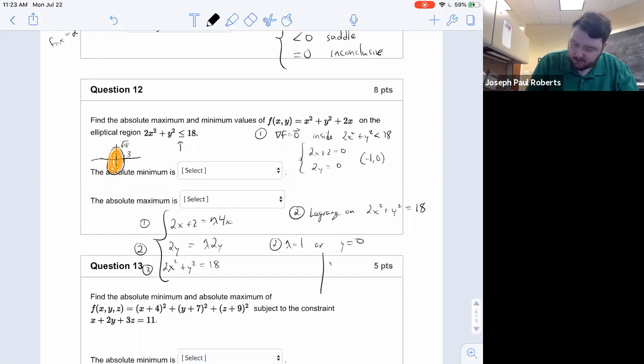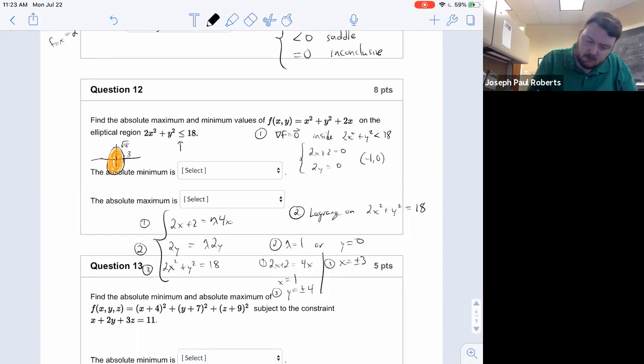If y is 0, the third equation tells me that x is plus or minus 3. If lambda is 1, the first equation tells me that 2x plus 2 is 4x, so x is 1, and y is then, in the third equation, plus or minus 4.